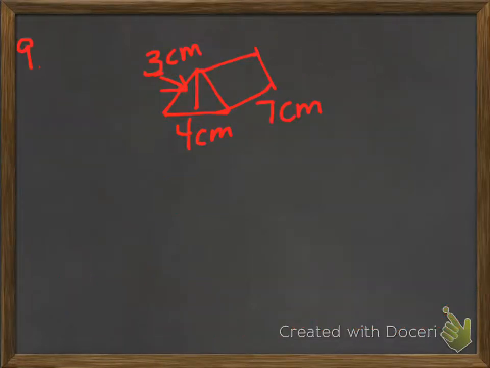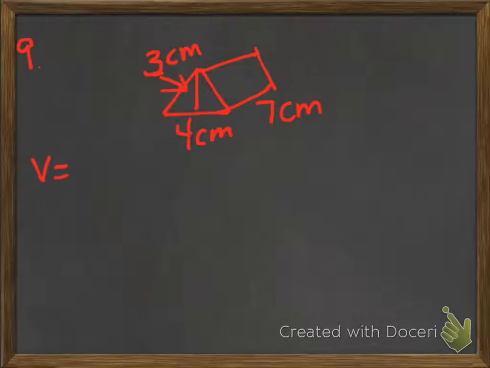Okay, so we're going to go ahead and do question number 9 from your independent practice in the book. And we'll solve the volume for this. What kind of shape is this? Well, this is a triangular prism, right? So we have to go to that formula for volume.